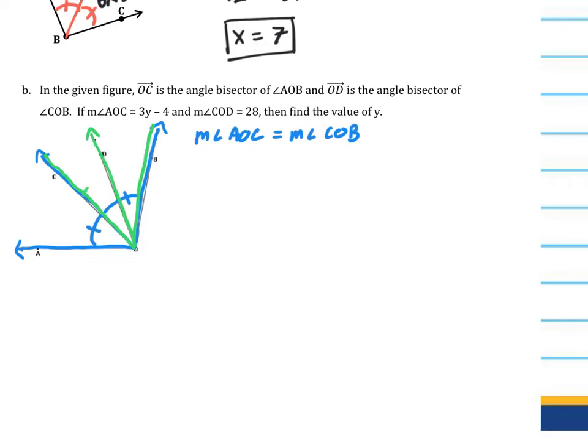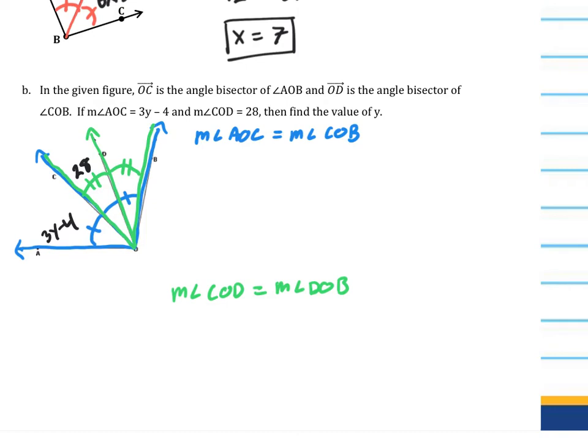So now these two angles are congruent, which means the measure of angle COD equals the measure of angle DOB. So we have two pieces of information. Let's keep going. If AOC is 3y minus 4 and COD is 28, then find the value of y.